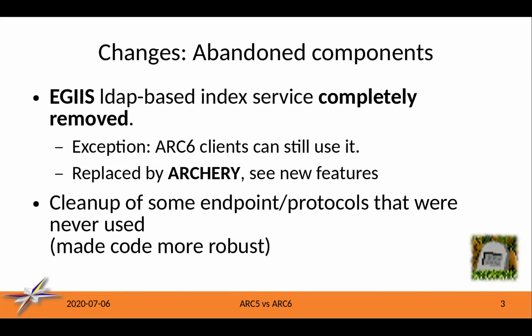And with it, we do not support all the configuration items that were in our configuration before. We replaced this service with something called ARCHERY. I'll come back to that later, which is DNS based instead of LDAP. So for the index, no more LDAP.